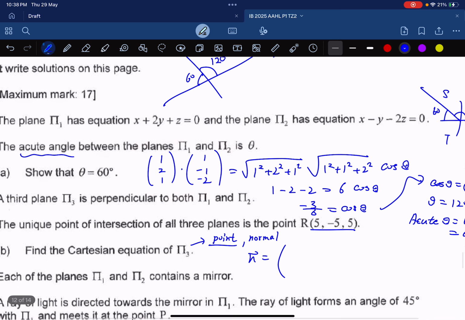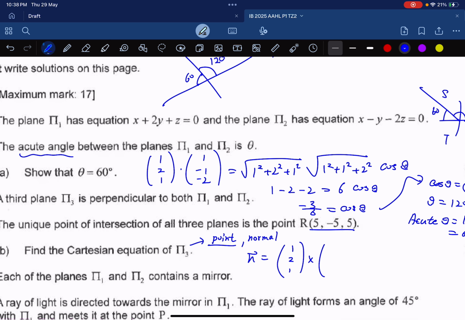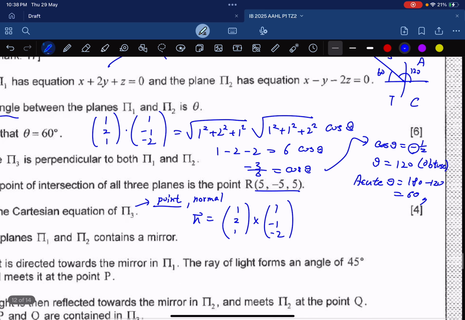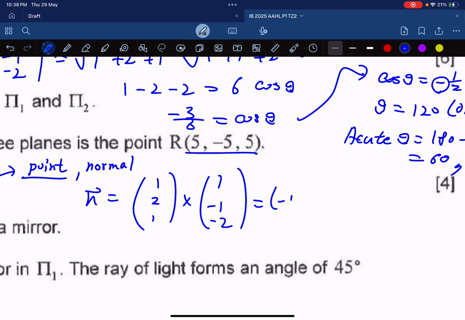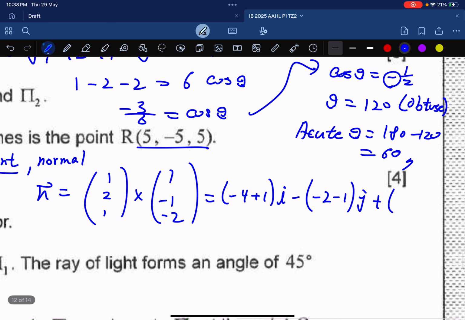Okay, so (1, 2, 1) cross (1, -1, -2). So you need to cross this out. So let's do the i first. So this is -4 plus 1, i, minus the j. Cross this out, which is -2 minus 1, j, plus the last one will be the k, minus 1 minus 2, k.